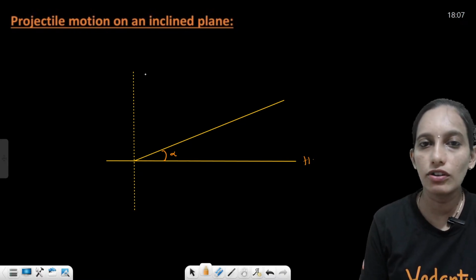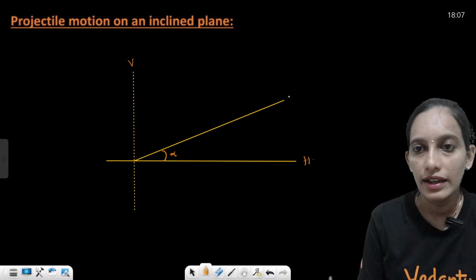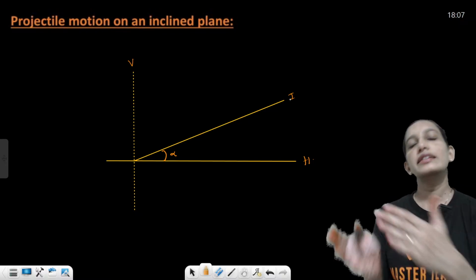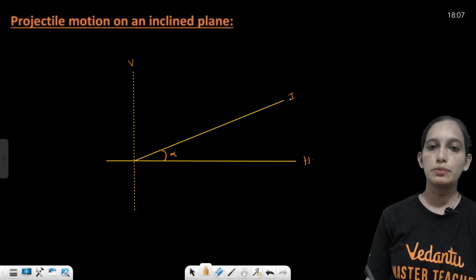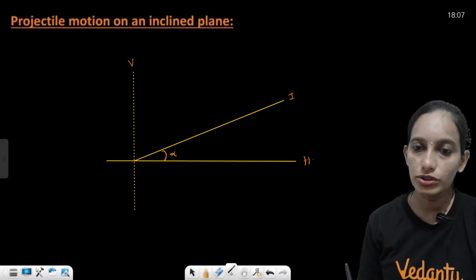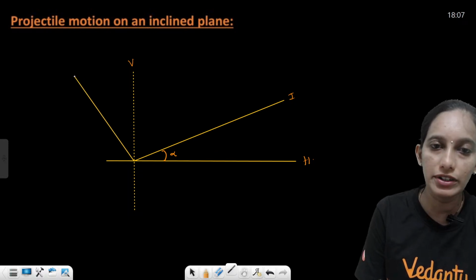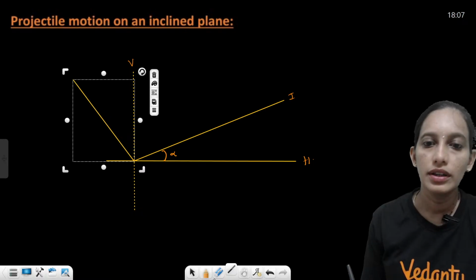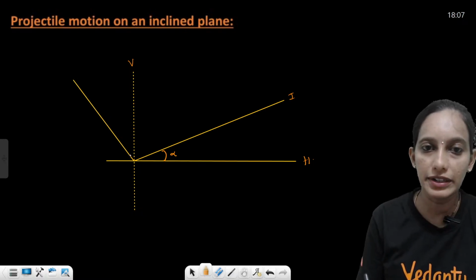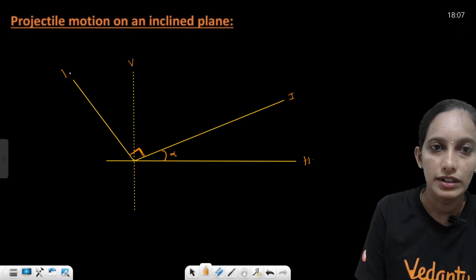So I call this the horizontal line, this the vertical line, and this is our inclined plane at an angle alpha with respect to the horizontal. We also considered a line which is perpendicular to our inclined plane.